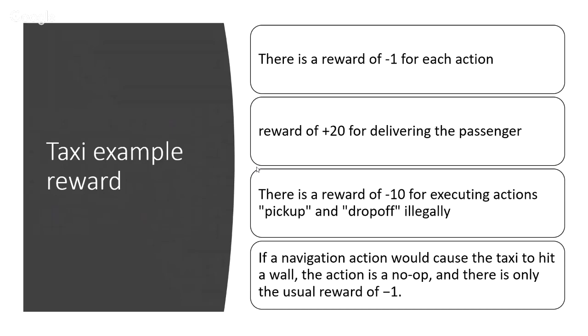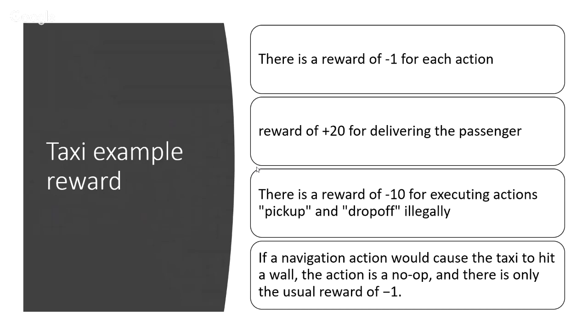So in this environment, there is a reward of -1 for each action, a reward of 20 for delivering the passenger, which is a good amount of reward, and a reward of -10 for executing pick up or drop off actions illegally, which basically means if you put it in the wrong spot or pick it up wrongly, you get -10. So this will discourage the agent from doing this very quickly.